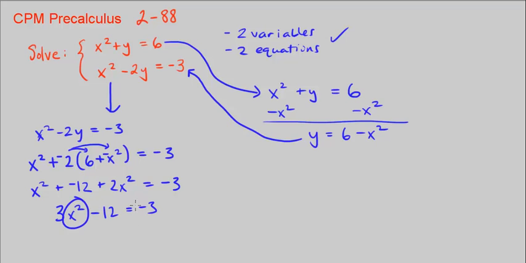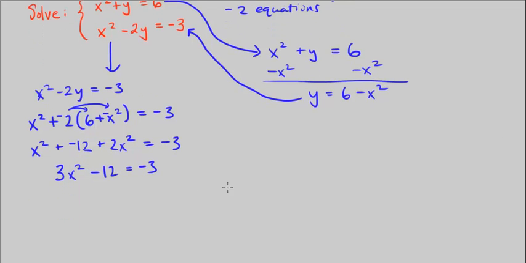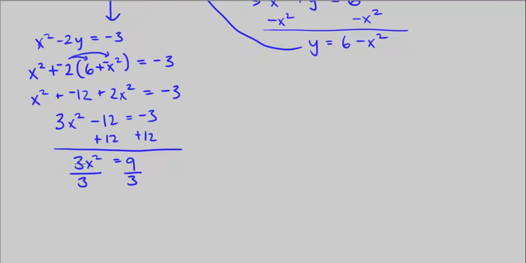We want to solve for x, so let's go ahead and add 12 to both sides to get rid of this 12, right? So we get 3x squared is equal to 12 plus negative 3, which is 9. How do we get x alone? Well, let's get rid of the coefficient 3 by dividing both sides by 3. These cancel out.